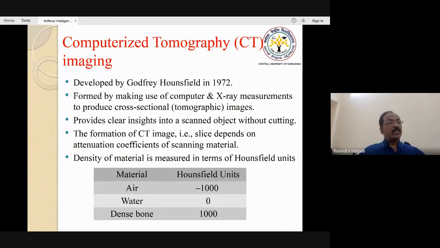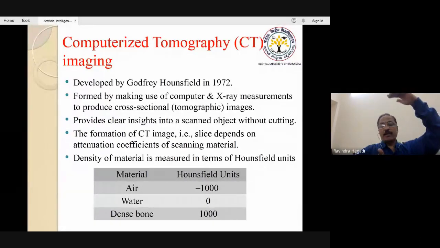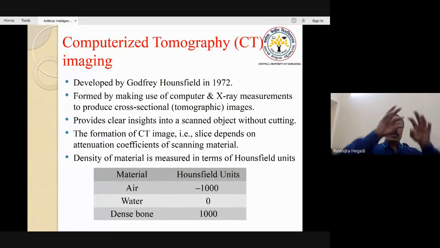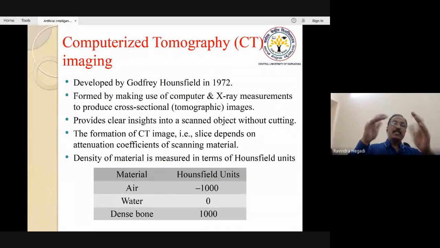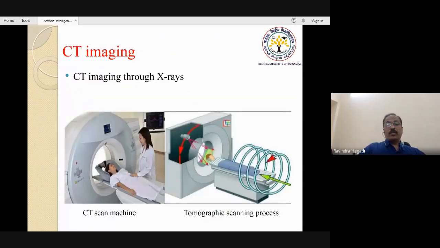Air has a Hounsfield value of -1000, water has 0, and dense bone has 1000. So the lower and upper limits are -1000 to +1000, and any material in between has a different Hounsfield value. Depending on the density, the image gets different intensities.